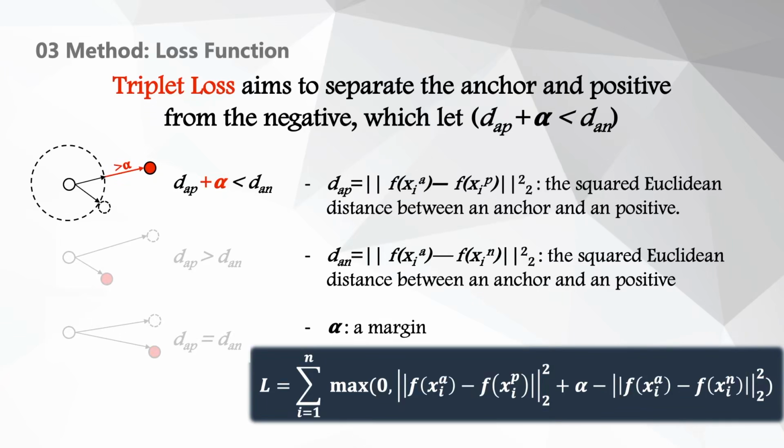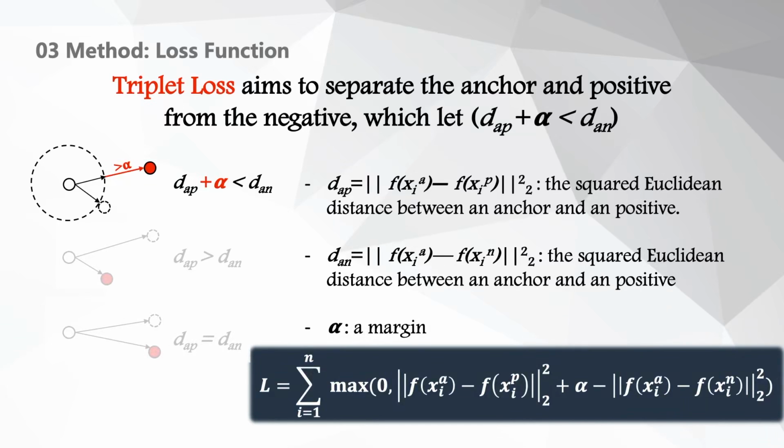For better discrimination ability, we introduced a margin, just like the margin of a support vector machine. In other words, when the margin is 0.5, that means we want negative to be at least 0.5 units further than positive from the anchor.